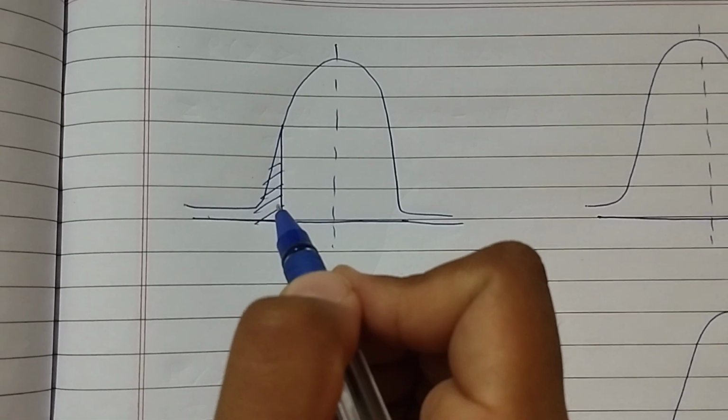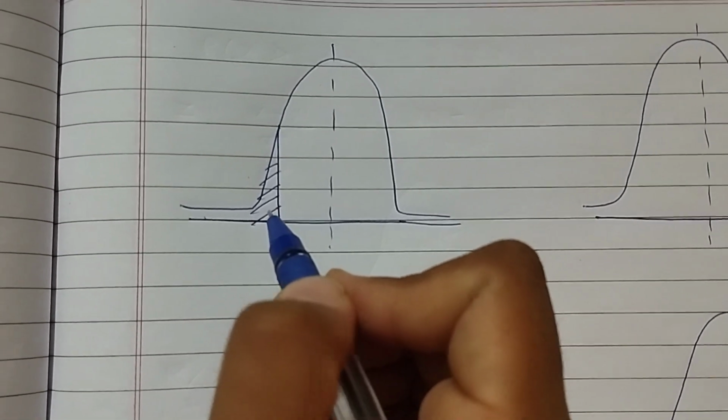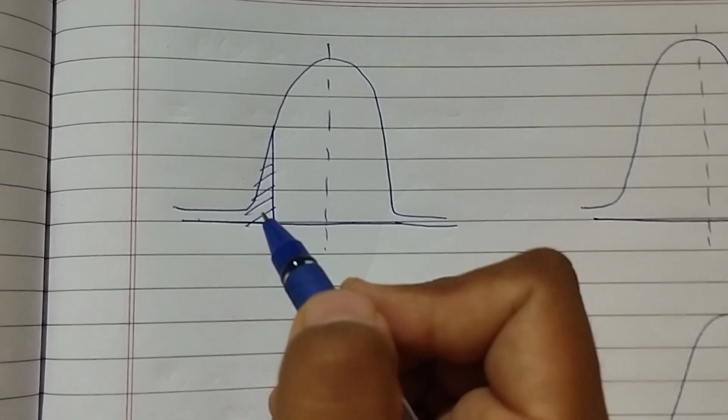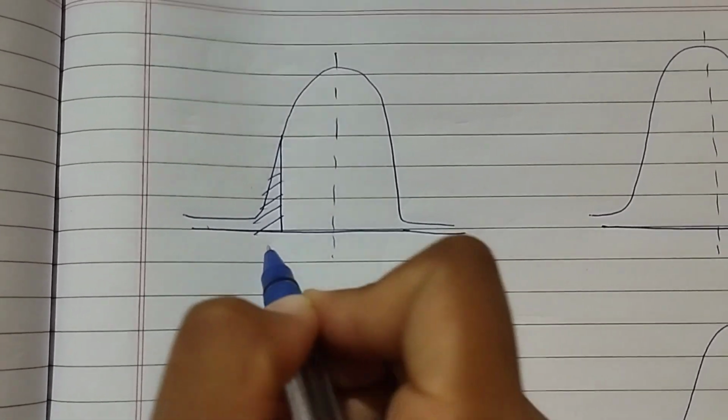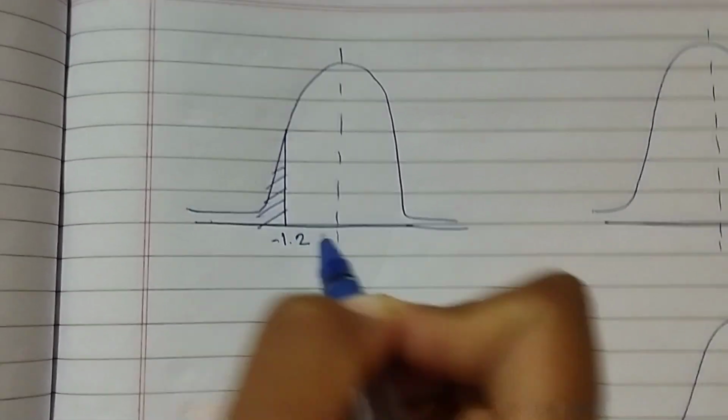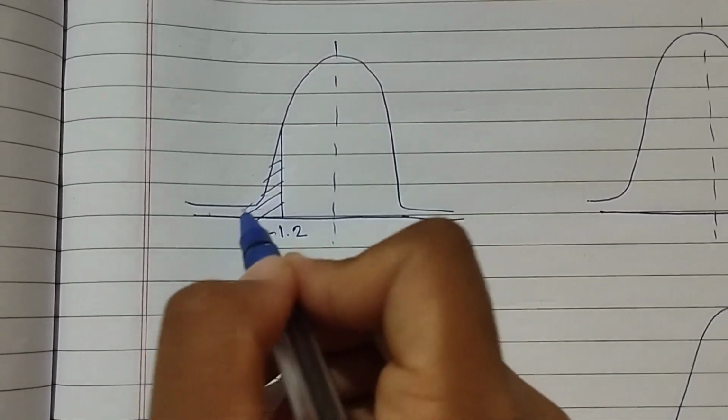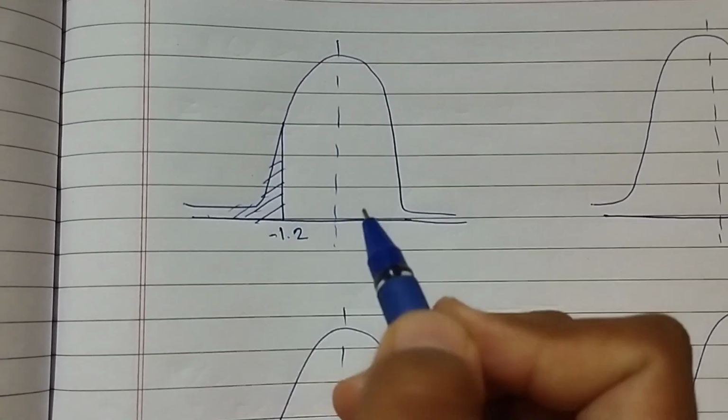So if the question asks for x smaller than minus 1.2, that portion is on the left side of the line.